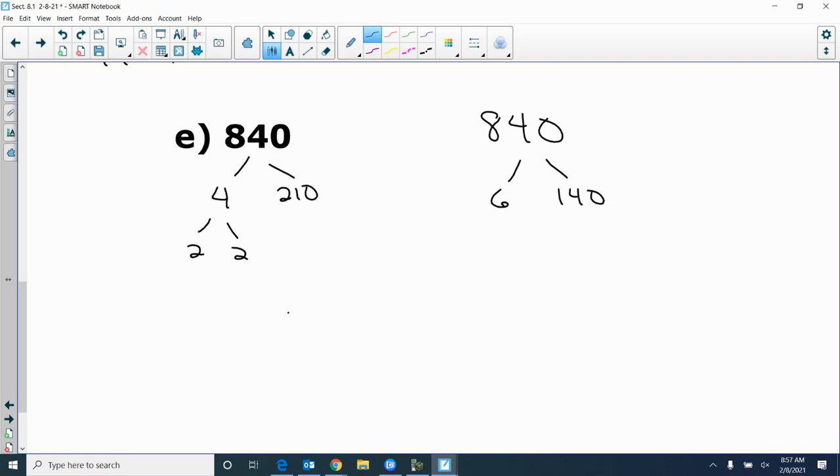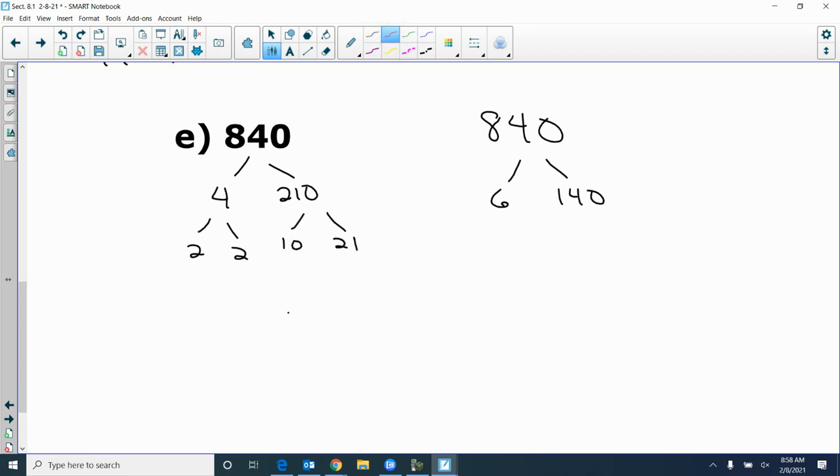Well, what's going to be 210? 2 times 105. 6 times 35. 3 times 70. Does 10 go into 210? 21 times. Now I'm going to use that one because those are the two closer numbers of the ones we said, because now 10 times 21.